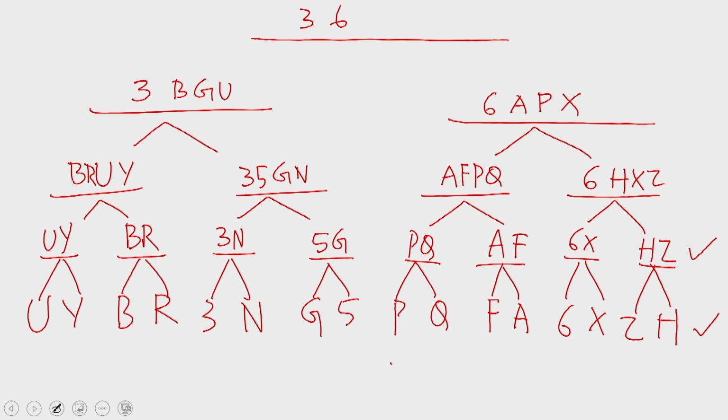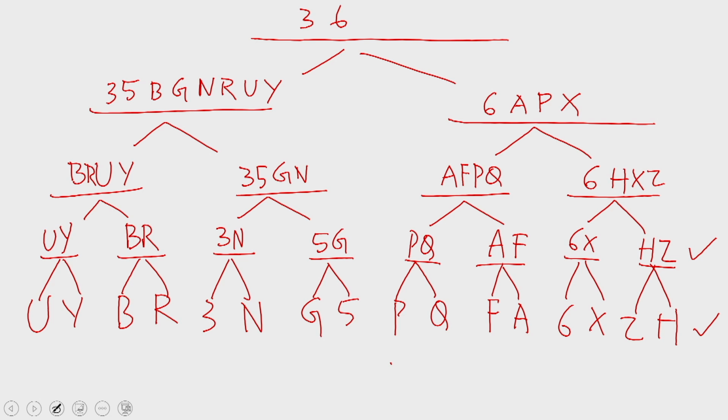In the second half of the tree, we have 3, 5, B, G, N, R, U, I. These are the elements coming from the two children.